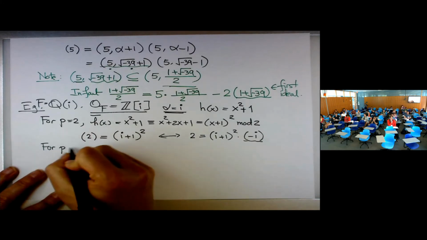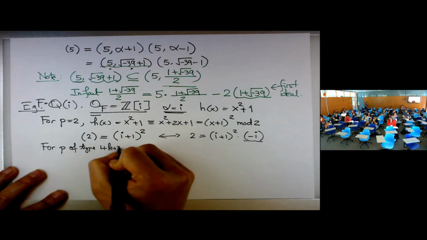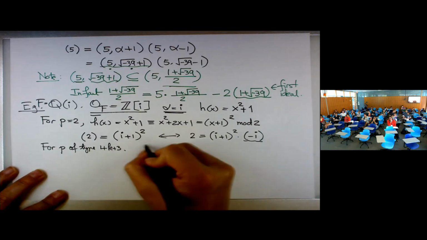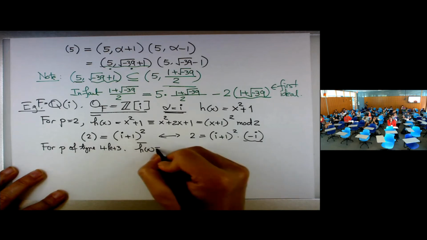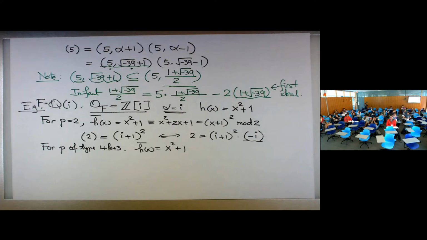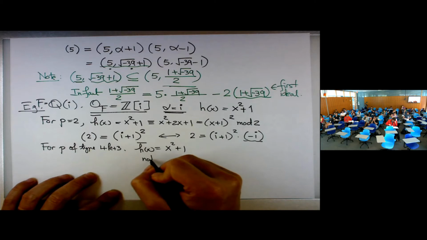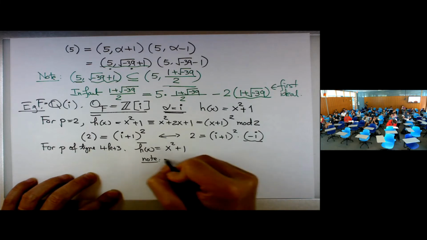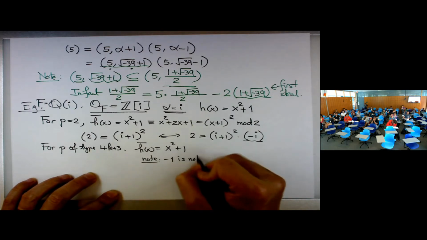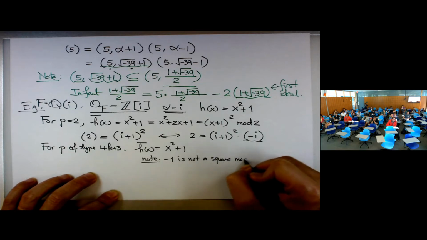For a prime p of the form 4k plus 3, I want to solve this mod p, but watch this. Note that negative 1 is not a square mod p.